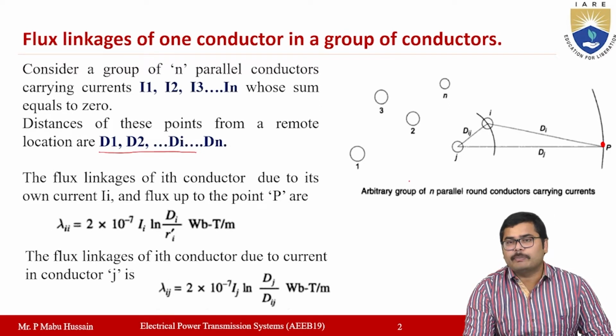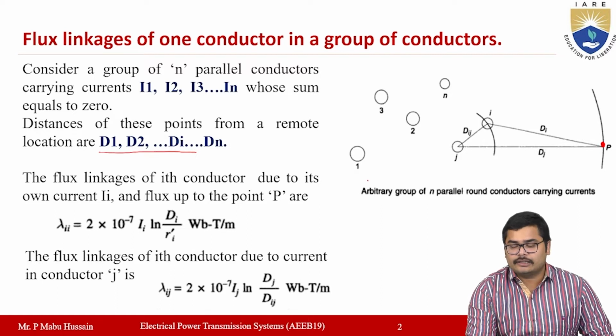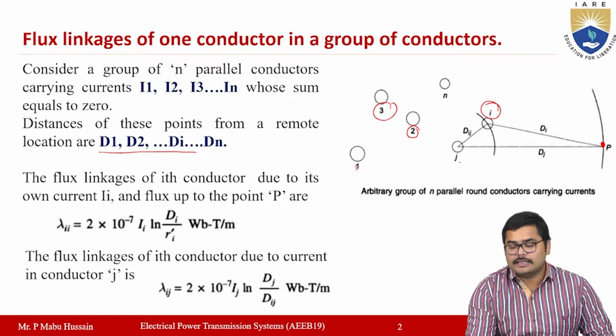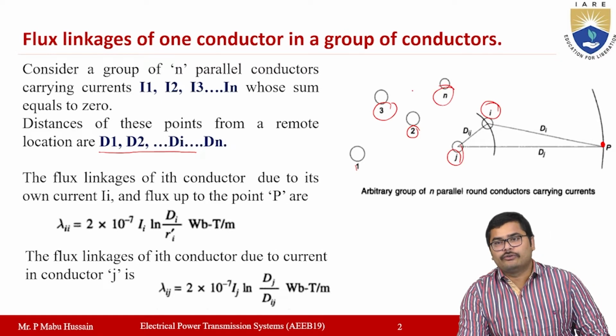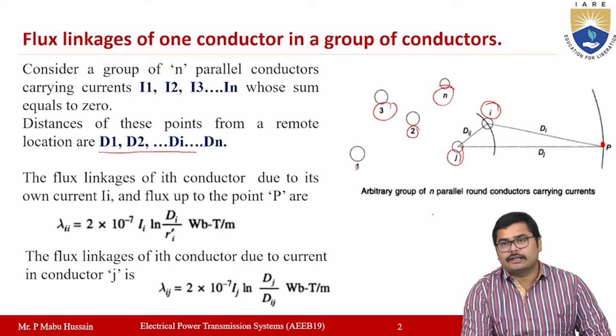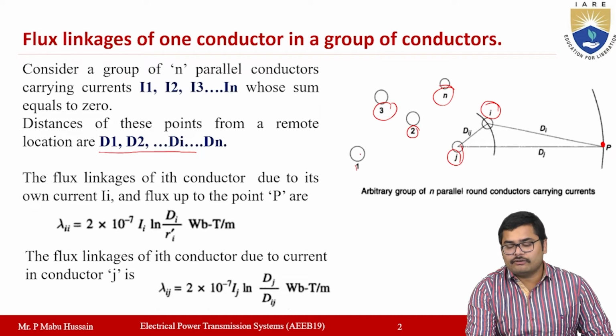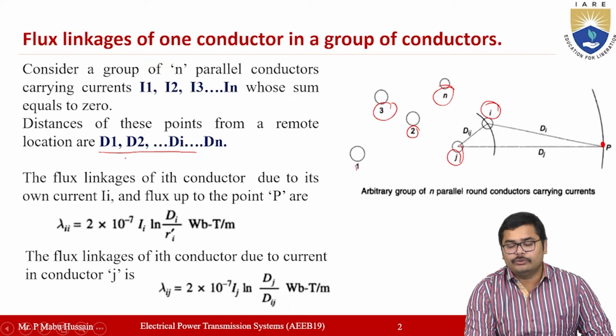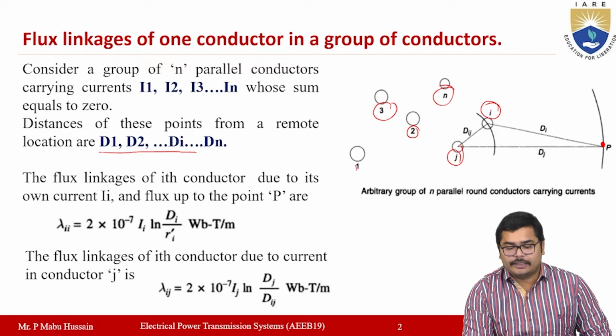In a group of parallel conductors, we represent the conductors with the numbers 1, 2, 3, i, j up to n. Each conductor is carrying a certain current, and the distance of each conductor from a remote point P will be D1, D2, Di up to Dn.